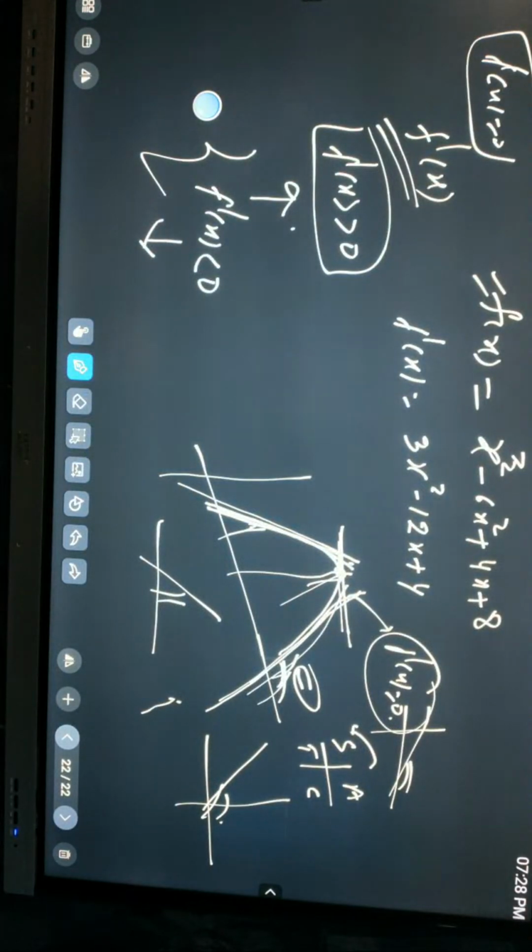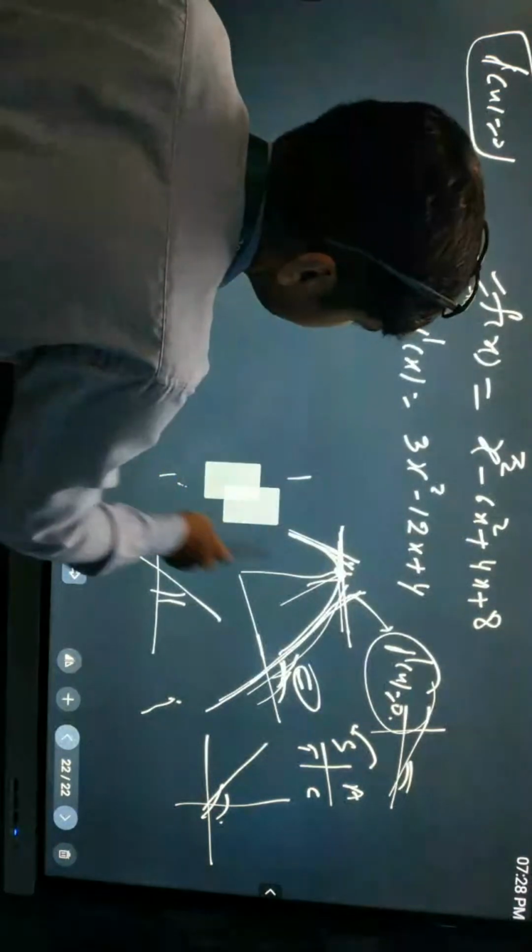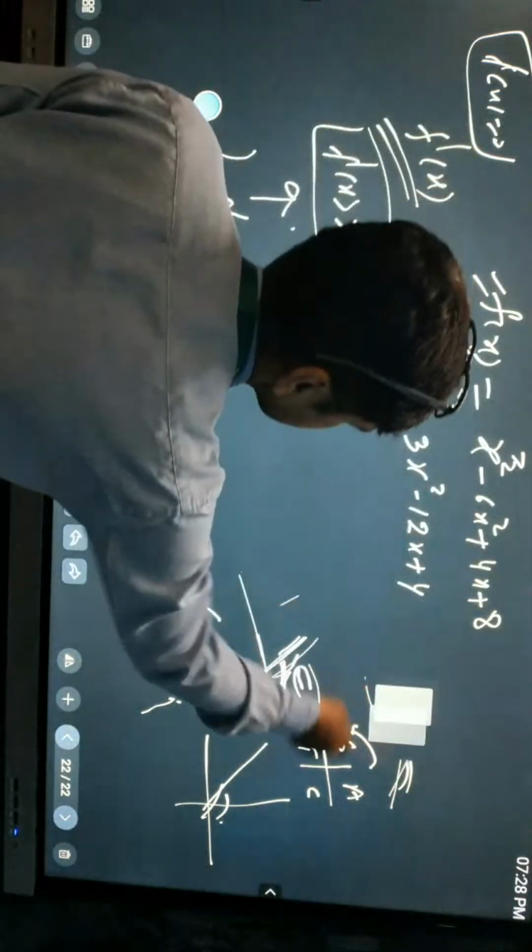Bachcho, for finding increasing and decreasing, we have to calculate first the derivative equal to 0. So the derivative is this, f dash x is this.